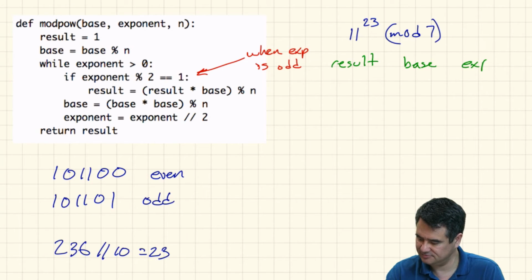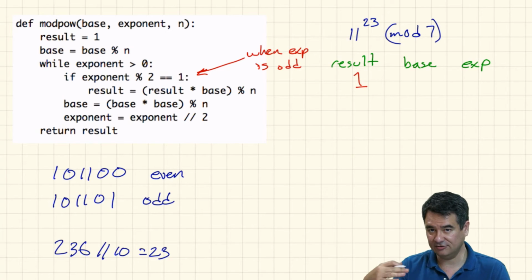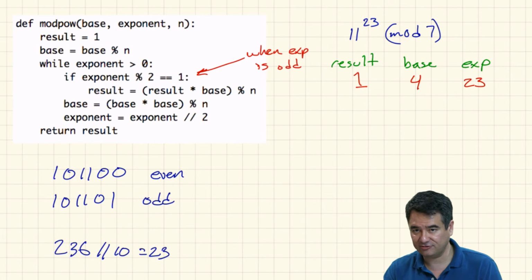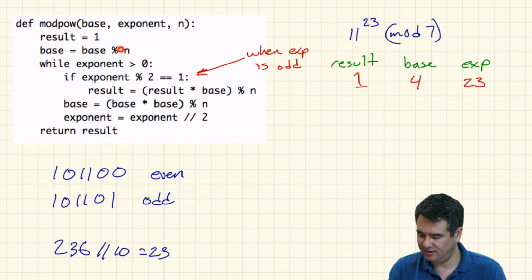They start out being 1, which comes from this line right here. Base immediately gets knocked down from 11 to 4, because 11 mod 7 is 4. And exponent starts out being 23.